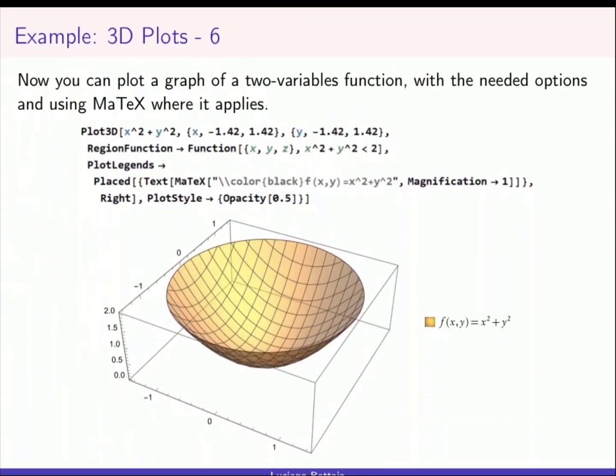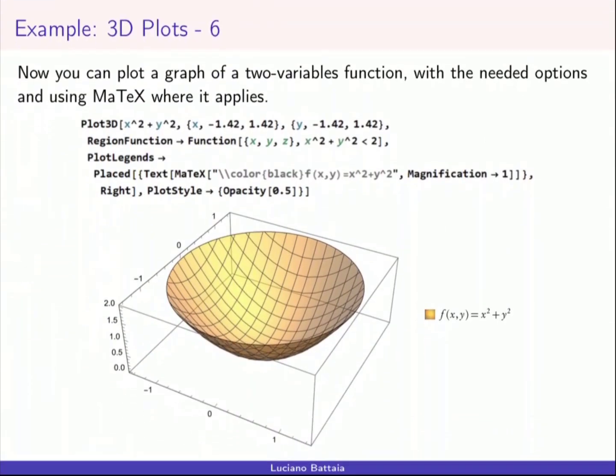Now we can plot a normal graph of a two variables function, for instance, with the needed options using MathematicaAndLatex where it applies. Here I have used MathematicaAndLatex to obtain the legend.